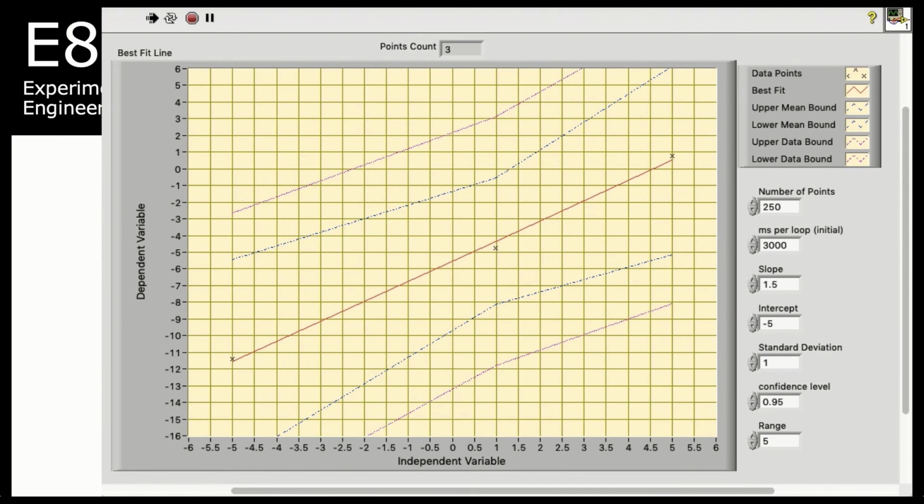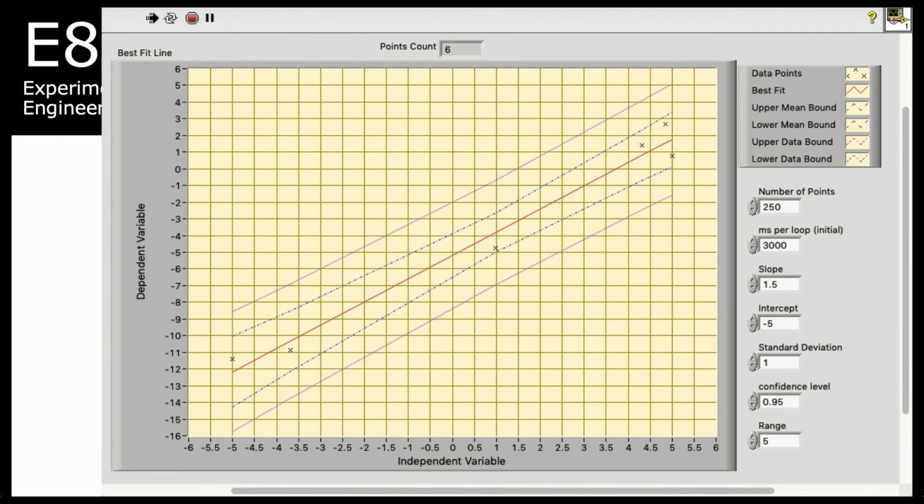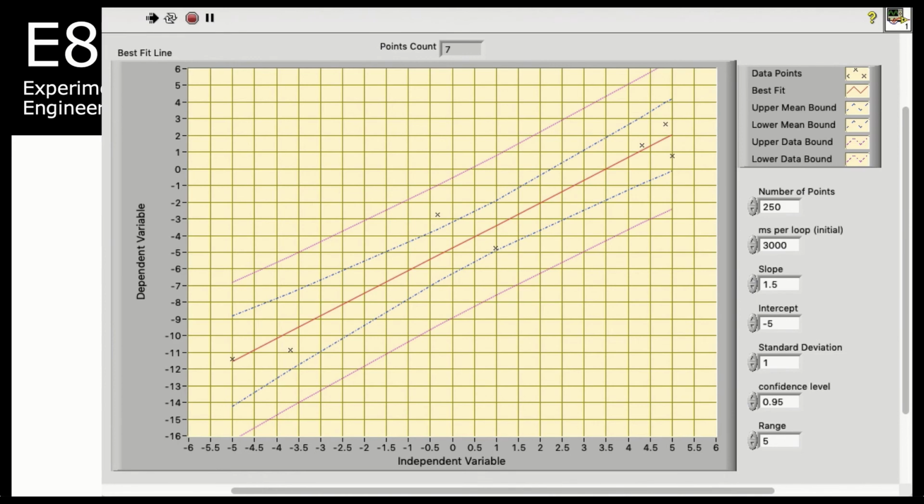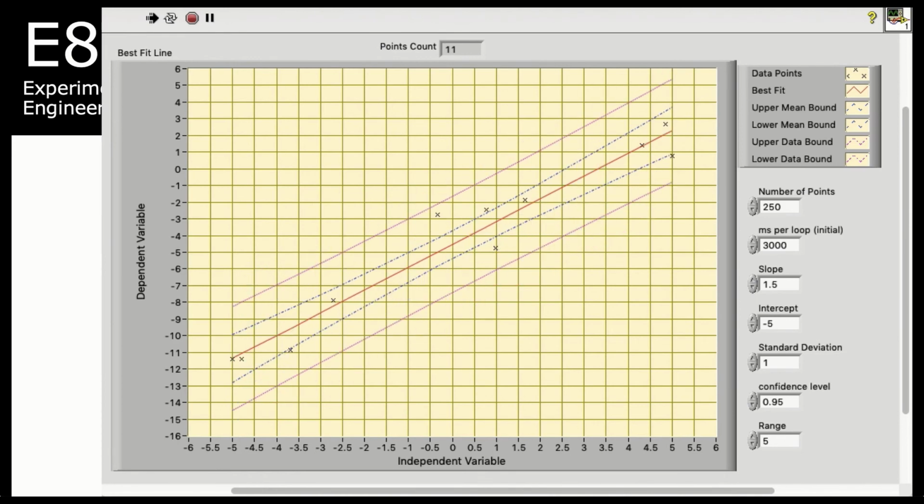Note how large the confidence intervals are for 3 measurements and how rapidly they decrease for 4, 5, and 6 measurements. The data confidence bounds show quite a bit of deviation for a small number of points, but become quite stable as the number of samples increases.